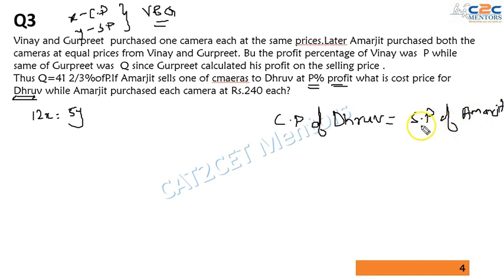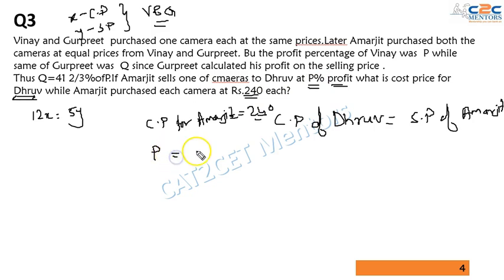The selling price at which Amarjit is selling to Dhruv is the cost price for Dhruv. And we are given that Amarjit purchased each camera for 240 each. So the cost price for Amarjit is equal to 240.